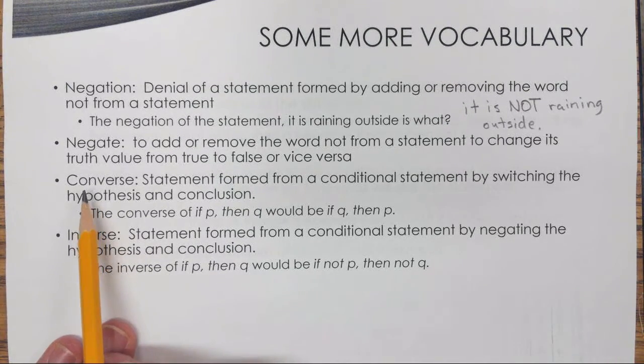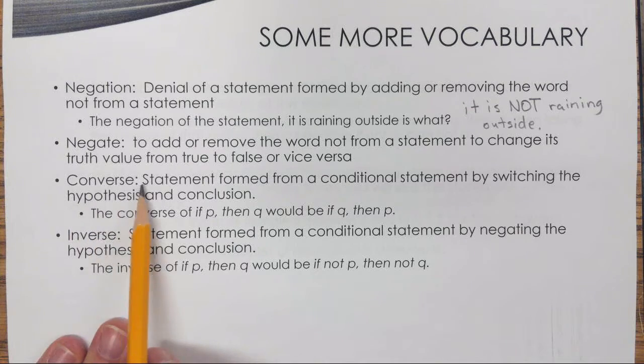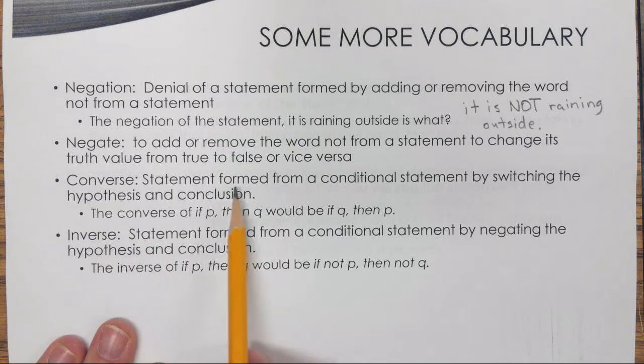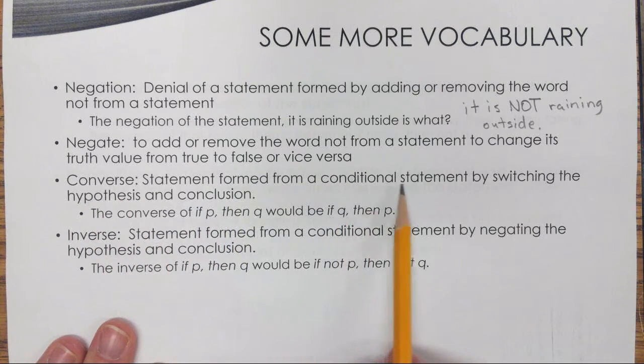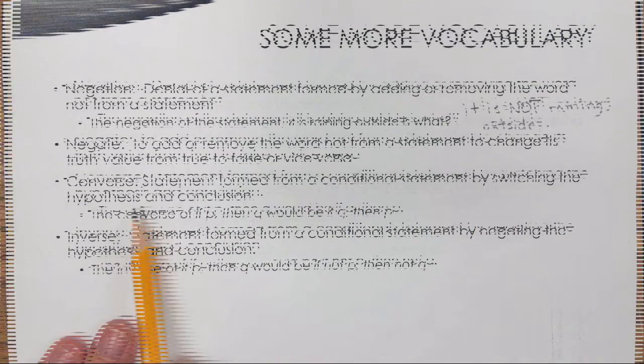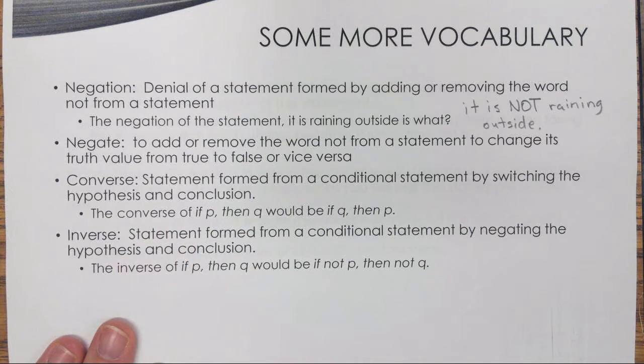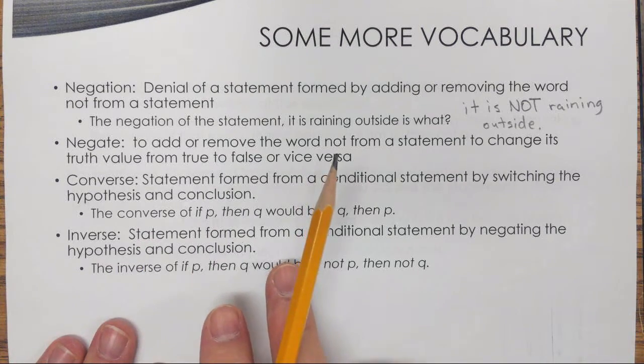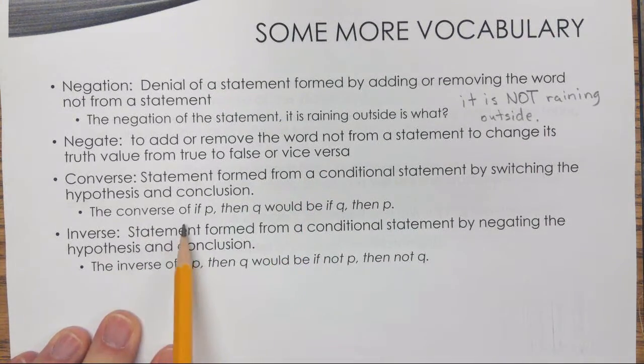So another vocabulary word is called the converse. This is a statement formed from a conditional statement by switching the hypothesis and the conclusion. So if you remember from the conditional statement, if P then Q, or like I said in the other video, if it is raining outside, then I will use an umbrella.